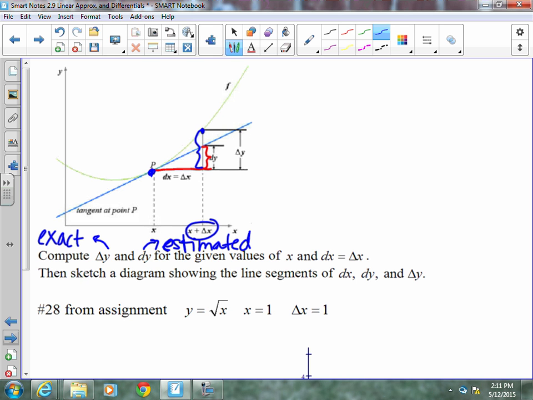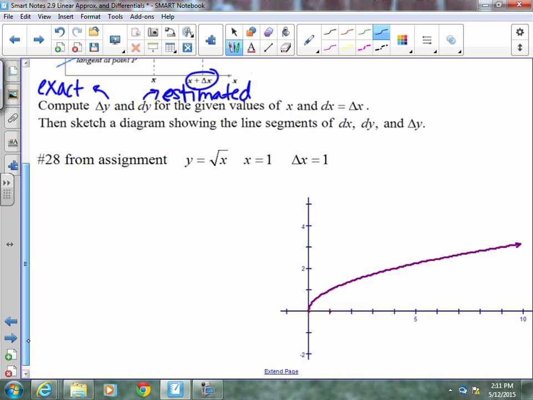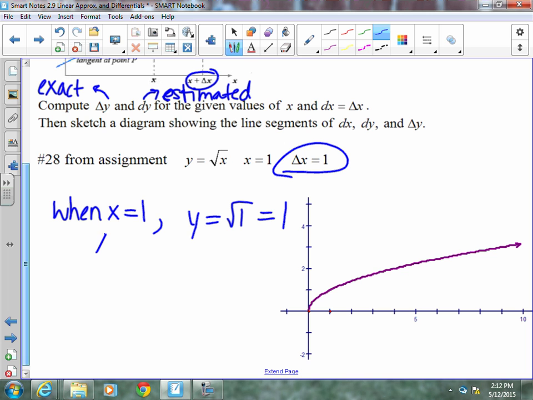So it says compute change in y. Well, change in x is exact. So when x equals 1, y equals radical 1, which equals 1. Then they tell us we change x by 1. So our next situation, when x is 2, we change by positive 1, it goes up 1. If it were by negative 1, it'd go down 1.